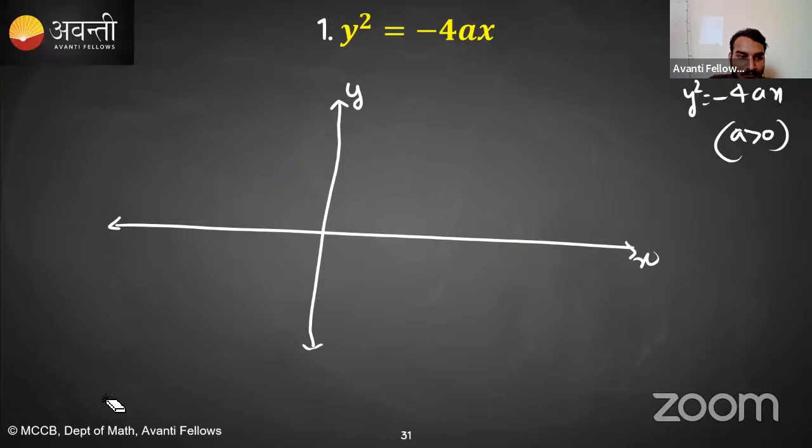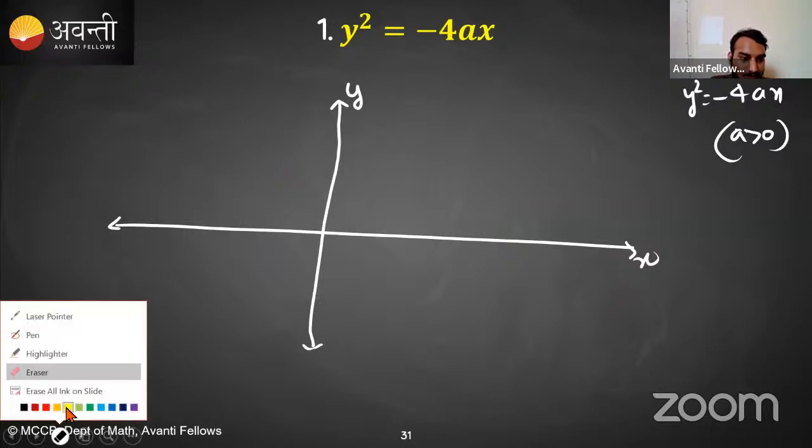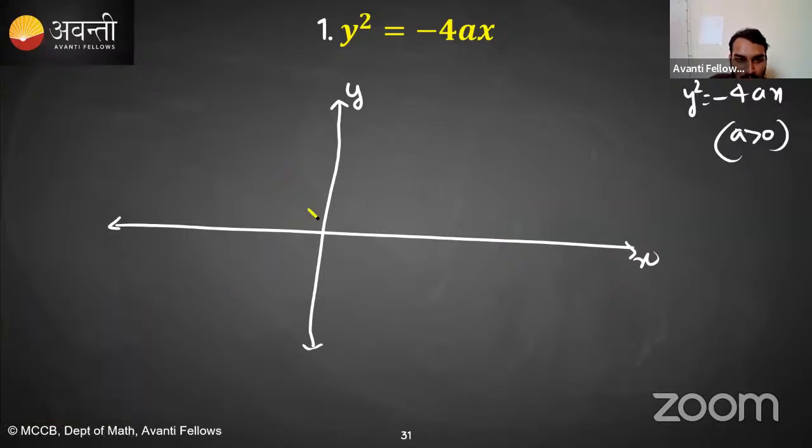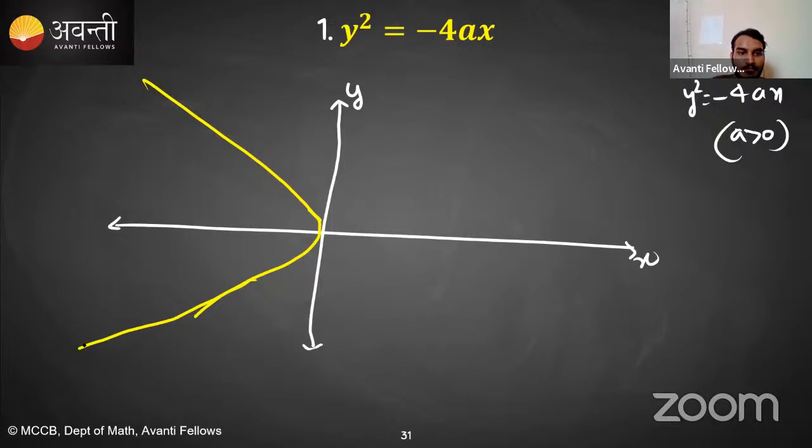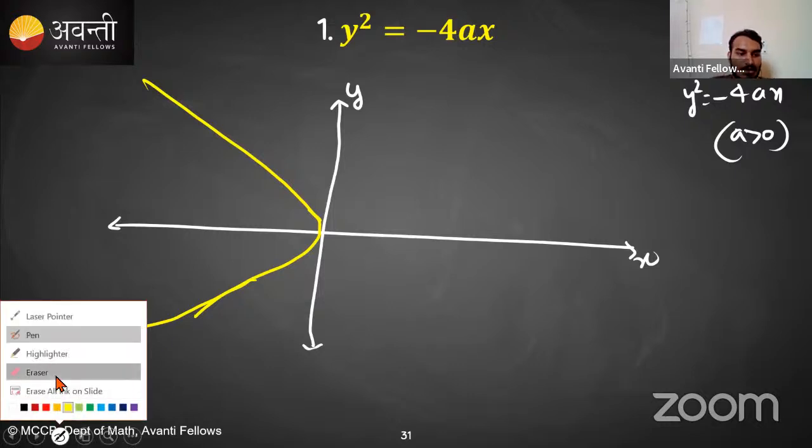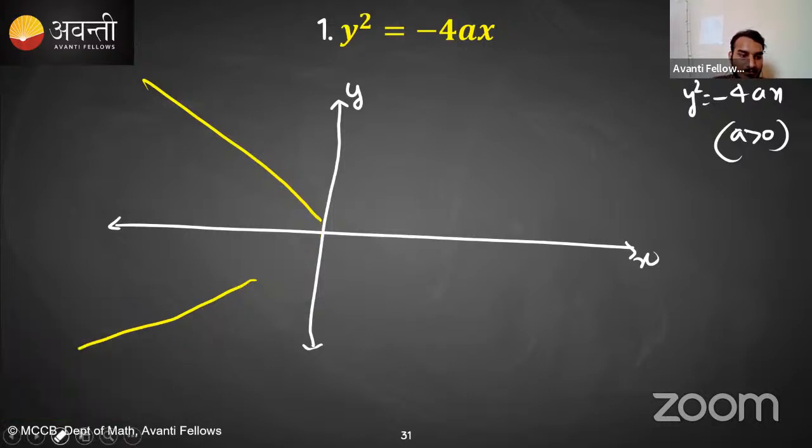How will this parabola come? This parabola is like this. This is the parabola. Clear everyone? Is this clear? Okay, very good everyone.